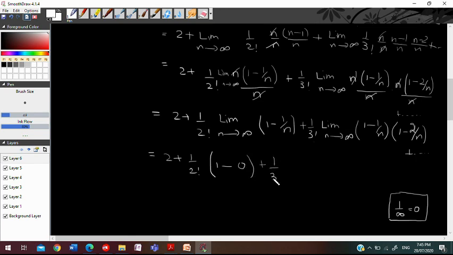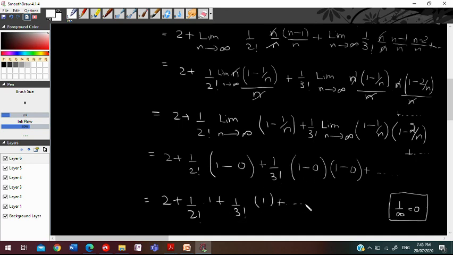Again, if you apply the limit over here, you get 1 minus 0 into 1 minus 0 plus up to so on. Now 2 plus 1 by 2 factorial, 1 minus 0 means 1, plus 1 by 3 factorial. Again you have 1 plus up to so on. So this way you can avoid the undefined form.